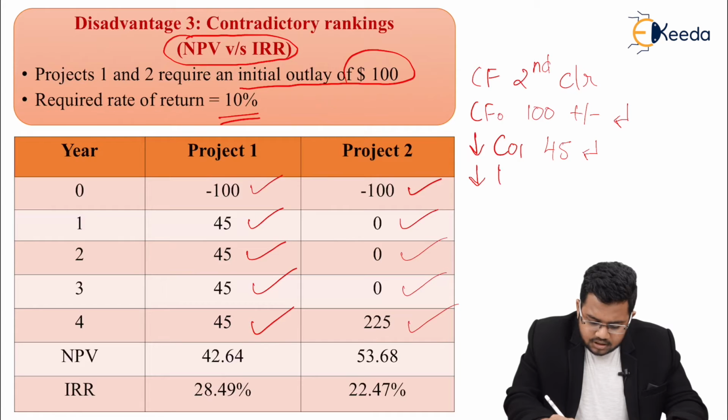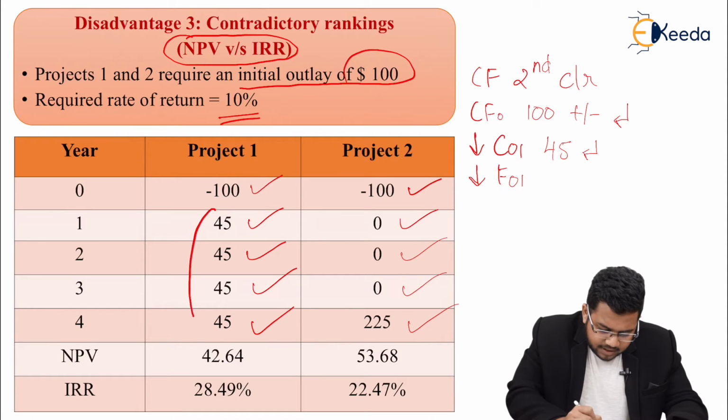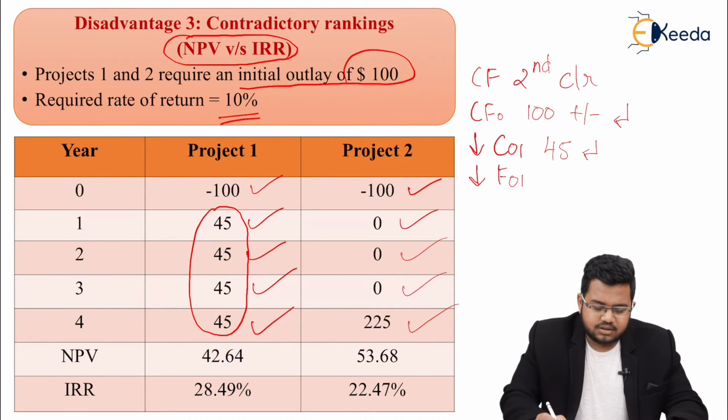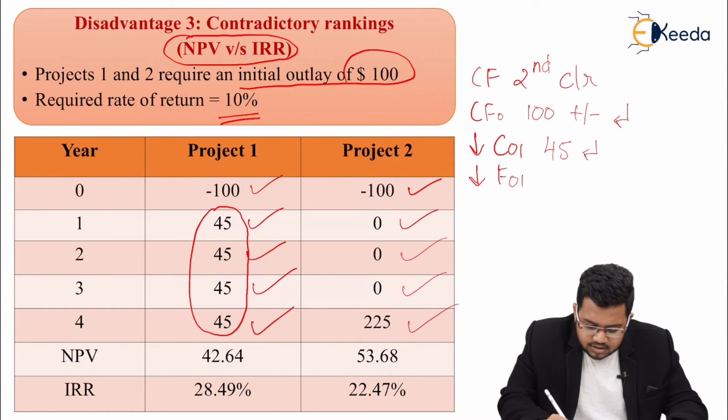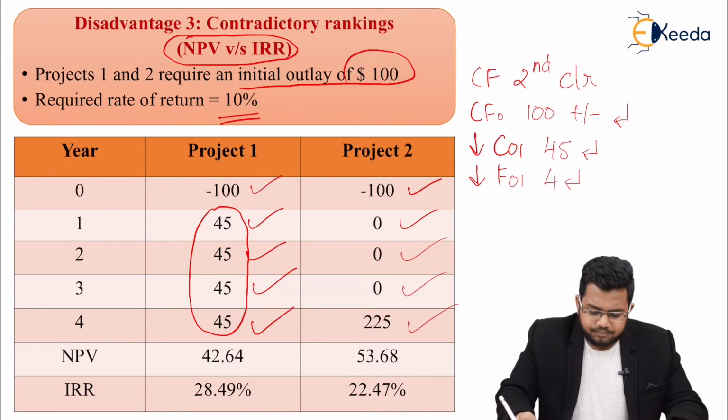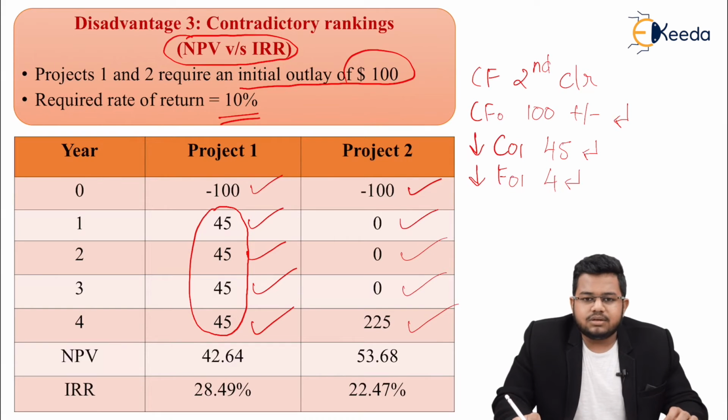Now frequency F01. Now frequency is not 1. Check. C01 has repeated 4 times. So basically my first cash flow has been repeated 4 times. So F01 should be 4. Enter. Now this means that there is no C02.